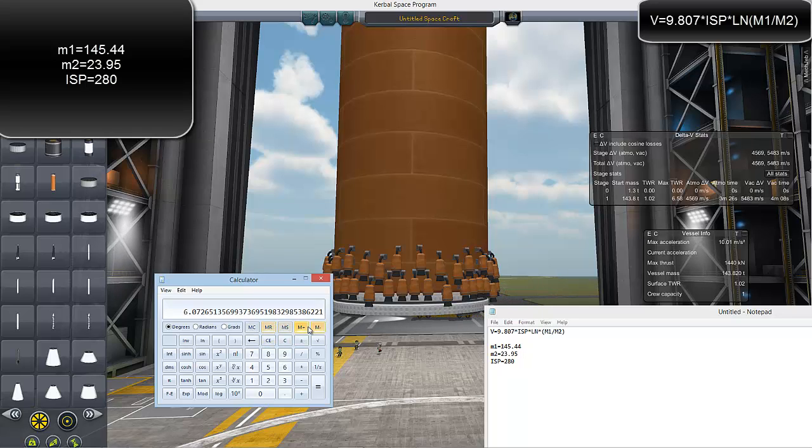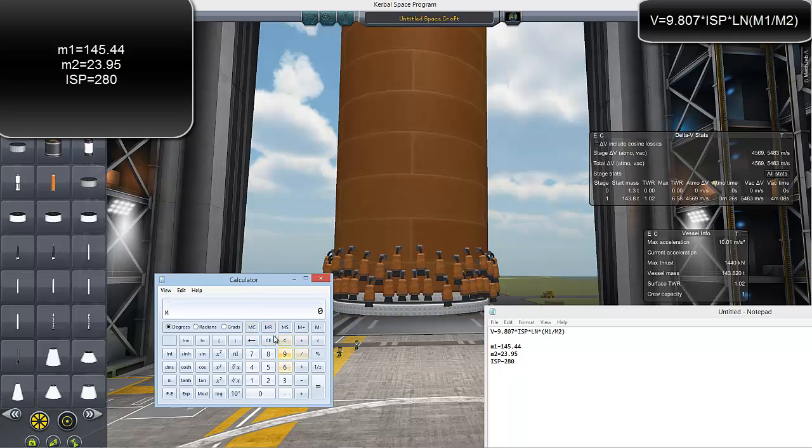Then we take the ln, which is the natural logarithm, and this is in scientific calculators. Right here, so just click that, and that gives you that.